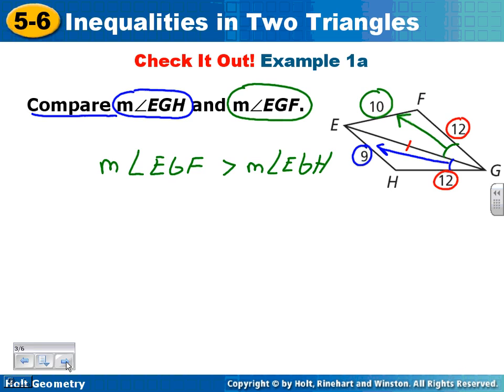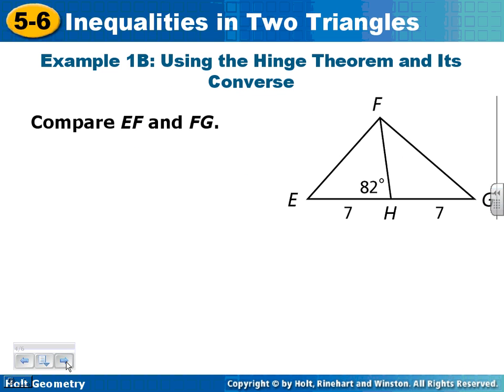Let's look at slide 4. Now we are comparing side lengths. I'm comparing EF to FG. Well, EF is opposite this 82. But FG is opposite, I don't know. Well, how can we figure out that angle? What you do is you take 180 and subtract 82 because it makes a linear pair.